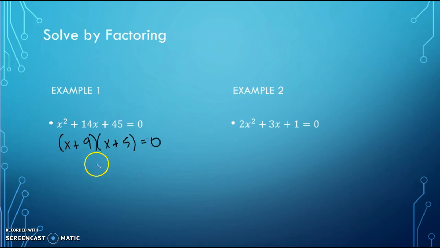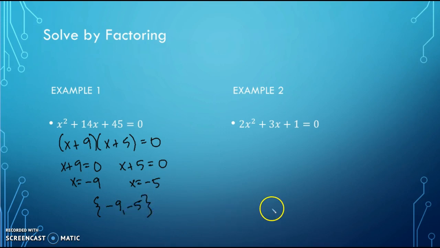So this has been factored now. To solve, in order to multiply to get 0, at least one of these numbers has to be 0. So I have two options. X plus 9 can be 0, or x plus 5 can be 0. And then to solve for x, we subtract 9 and subtract 5. So then my answer becomes negative 9 and negative 5.